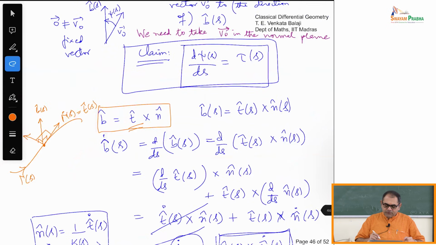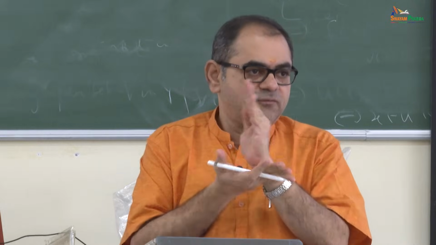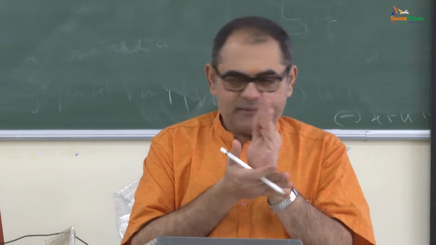And then if you find the instantaneous rate of change of b cap, that is supposed to measure the instantaneous rate of change of the binormal. But remember, the binormal is perpendicular to the osculating plane. So the change in the binormal also reflects the change in the osculating plane, and that's supposed to be the torsion. That's what you want to measure.